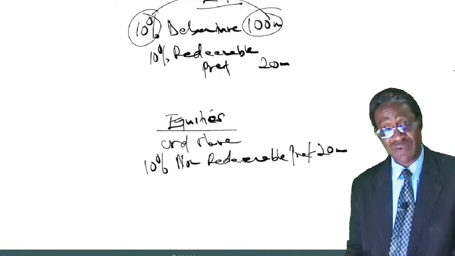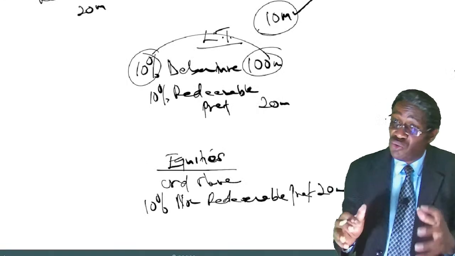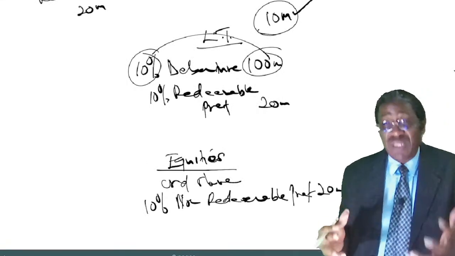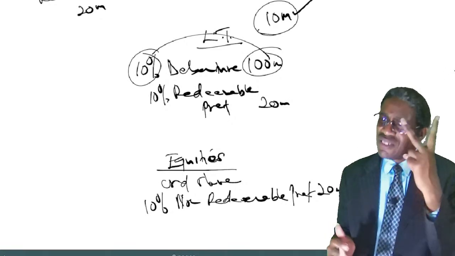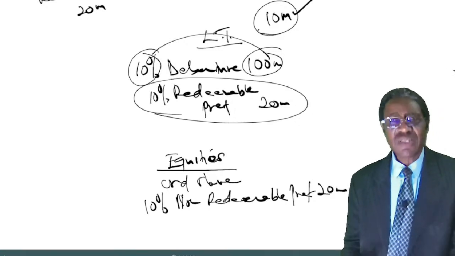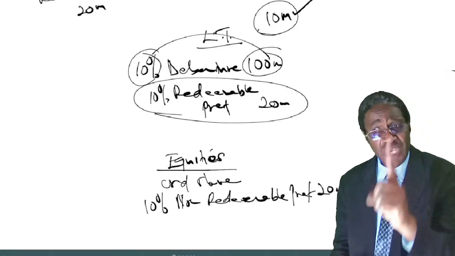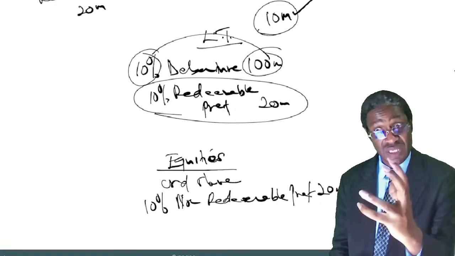Get the point now? In both of these two cases, you will still pay the preference shareholders their dividend of 2 million. But this preference dividend you are paying on redeemable shares, you are paying on borrowed funds.